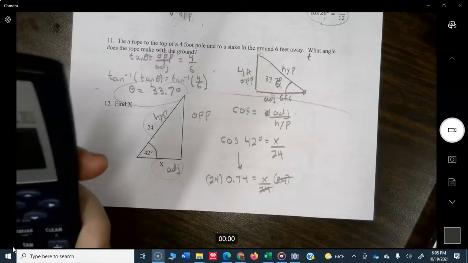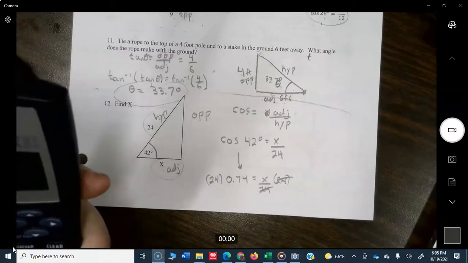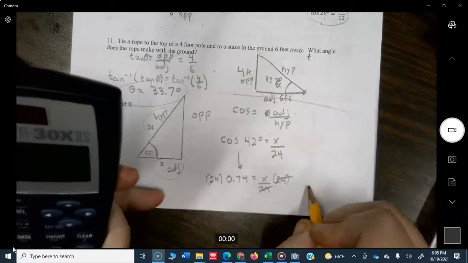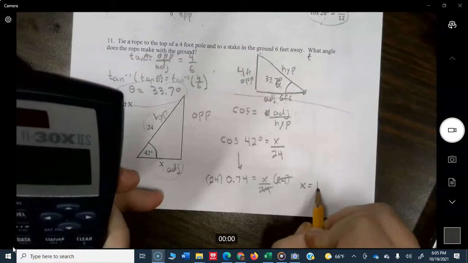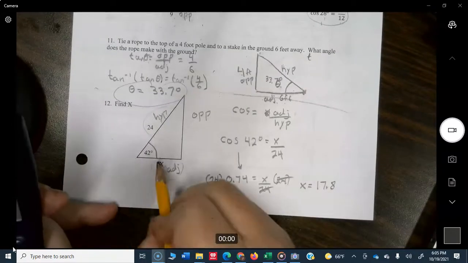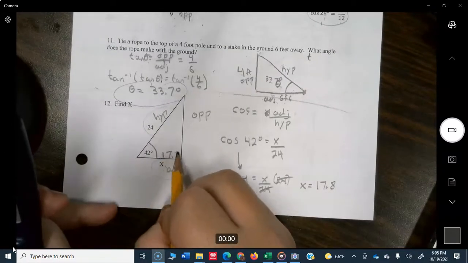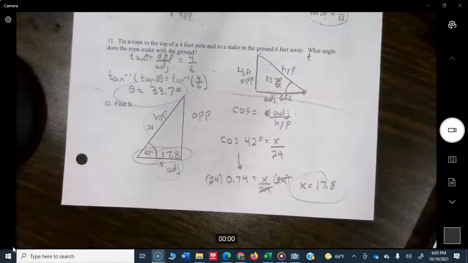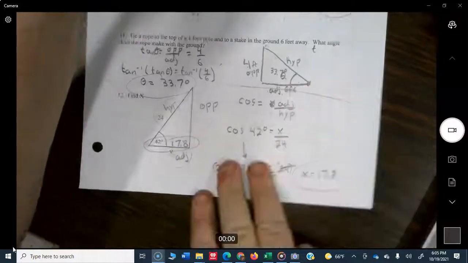And you got 24 times 0.74, and that gives us about 17.8. And what is that? That's the length of X right here. It's the length of this side right here. That side right there is 17.8. Okay, we're going to keep going.